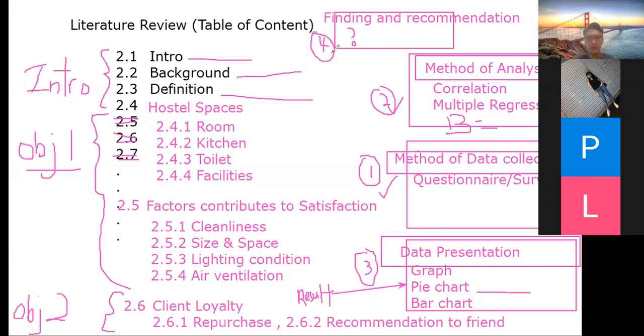Anyone? You collect data through a survey, step 1. After you get back, you analyze the data using the method of analysis: correlations, mean, all those things. Then you show the presentations in a graph or pie chart. And lastly, findings. What did you do in step 4, guys?